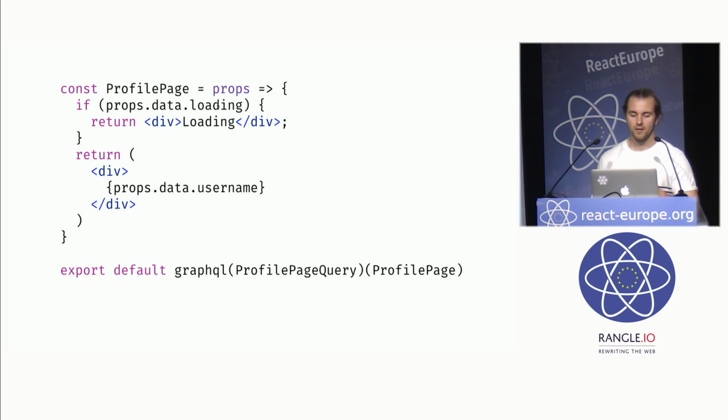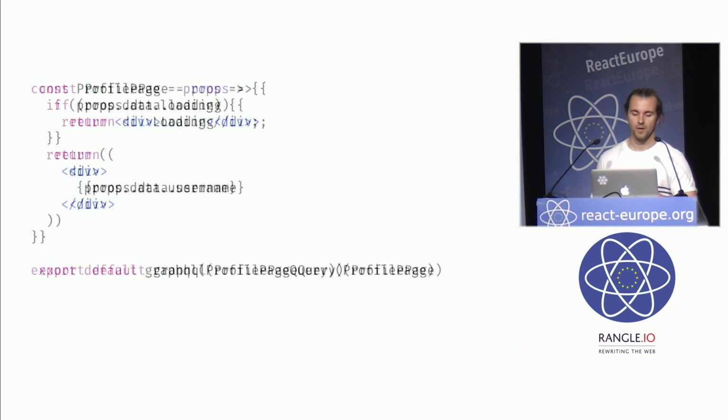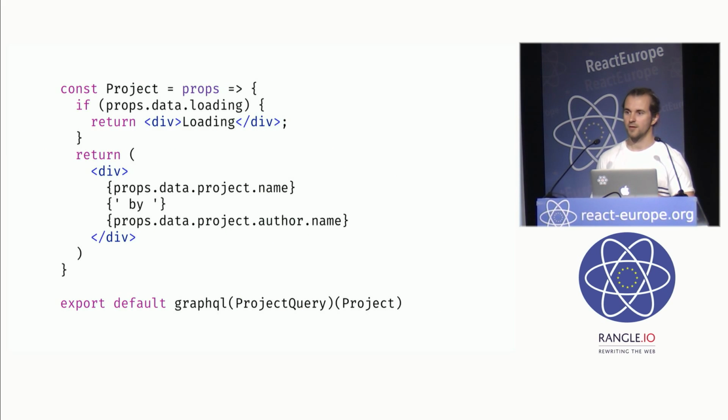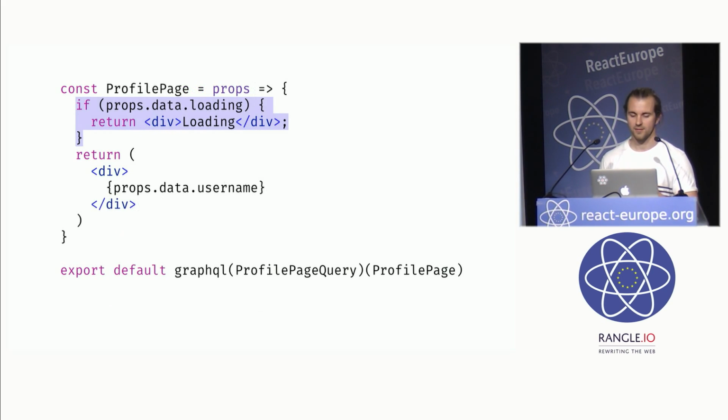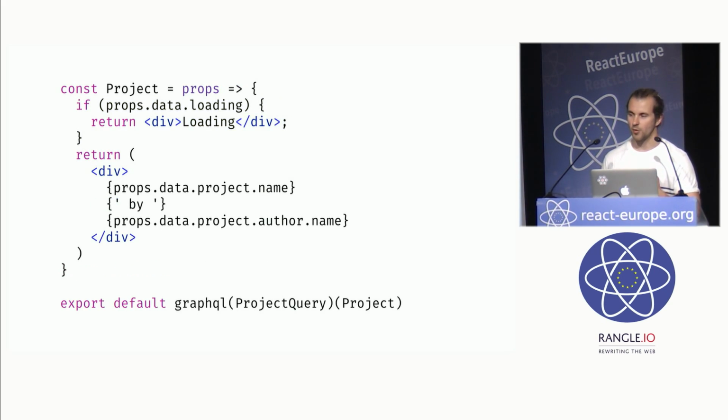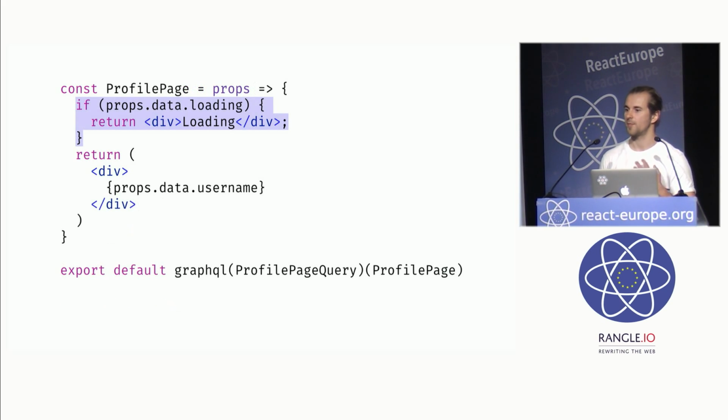But what I learned after doing a couple of them is that this props.data.loading was a repetition that came across multiple times, actually all the time. Every time I did a component, you needed some kind of loading state. So this part, compared to the project page and the profile page, was repetition.